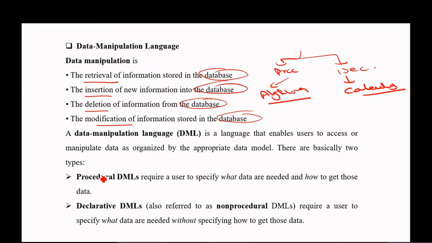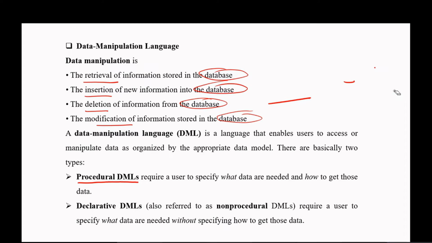But what is the difference between the two languages? If I talk about procedural DML, I know why I'm writing a particular query, because I want to get the data. Procedural means: what data are needed, I know, everything is done for that.